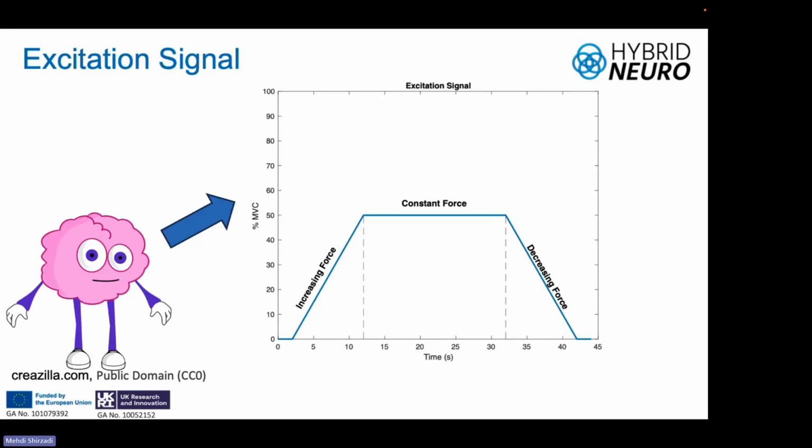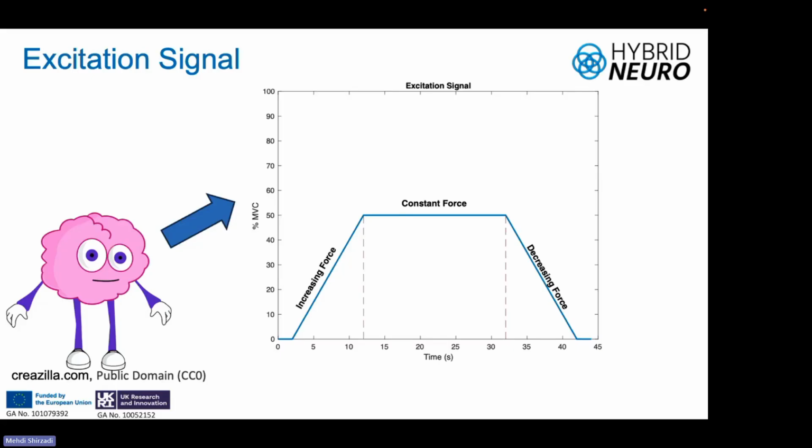This increasing part is the recruitment threshold part. It is usually the part where different motor units are recruited, and every time they are recruited, the firing rate starts from a point and increases until a point that, for example, here is 50%.